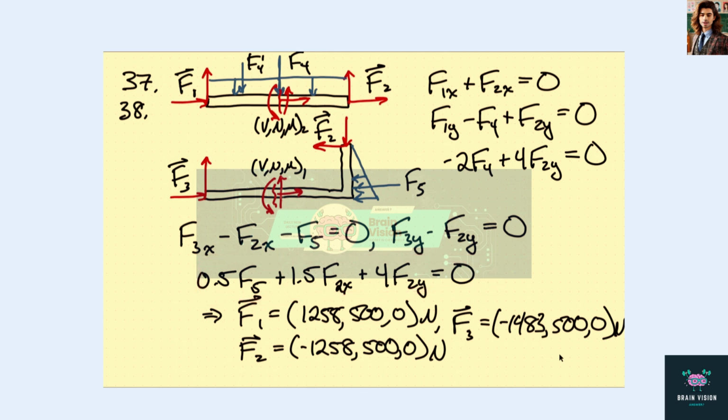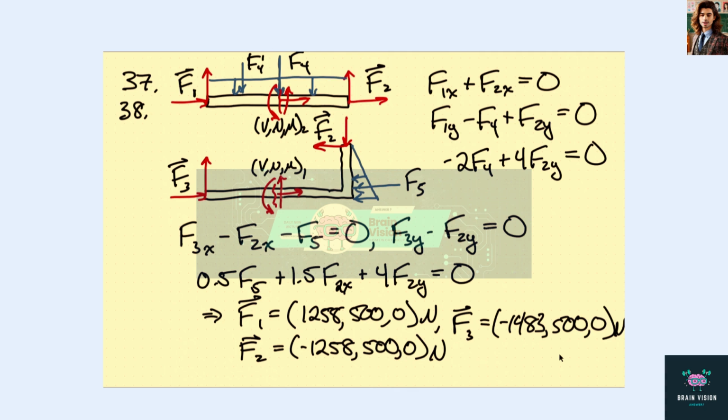Now we have 6 equations and 6 unknowns, and we can figure out that the reaction force at the wall at the upper support is 1,258 newtons in the x direction and 500 newtons in the y direction. At the internal pin, where they're pinned together, we have the forces minus 1,258 newtons in the x direction and 500 newtons in the y direction.